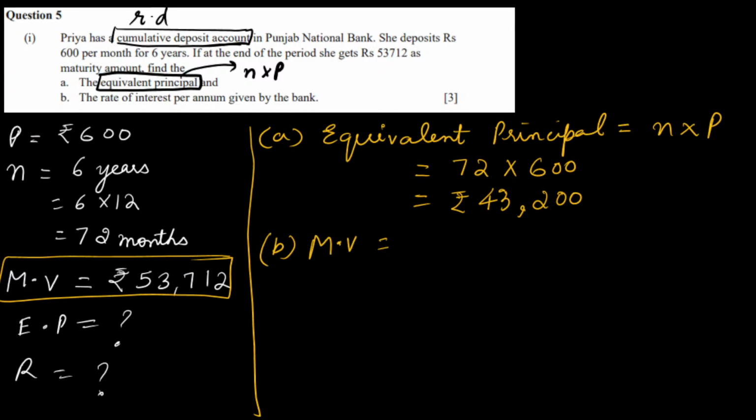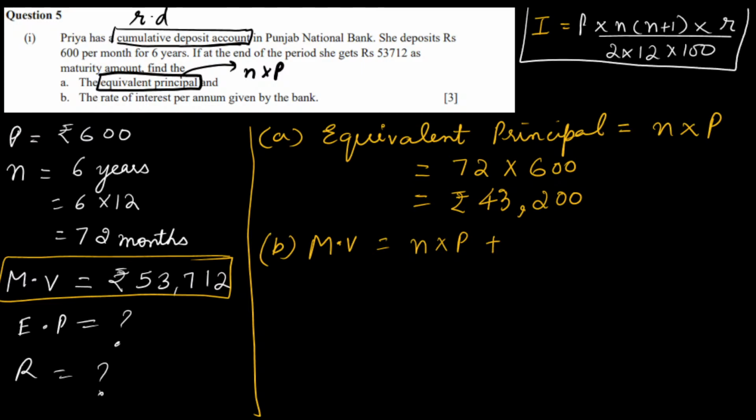So MV is N into P plus I. I is interest. Interest formula, I hope you know. Or I'll write in this form, P into N into N plus 1 into R by 2 into 12 into 100. So this is the formula of interest.